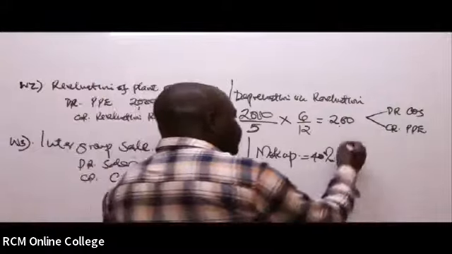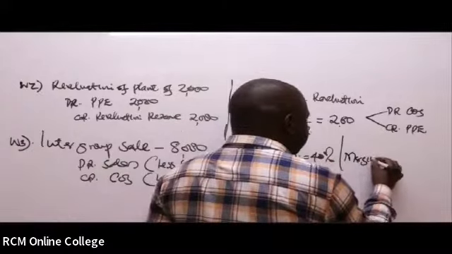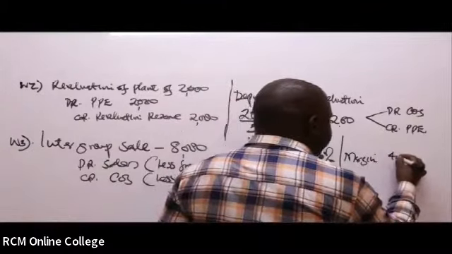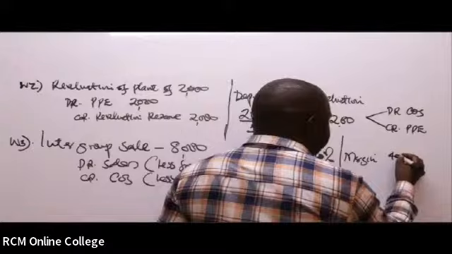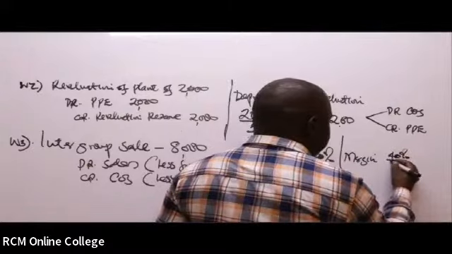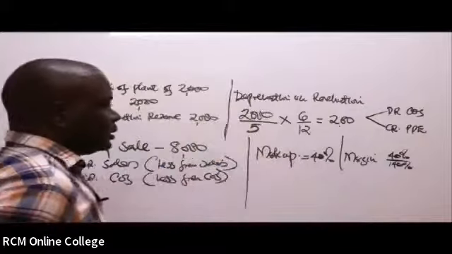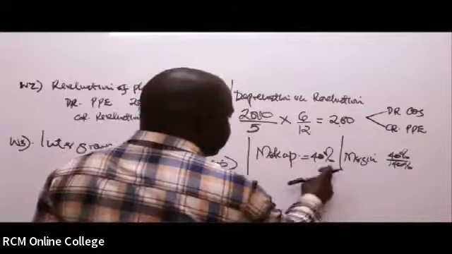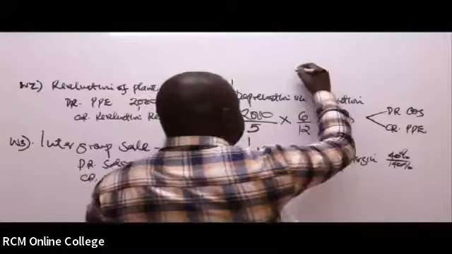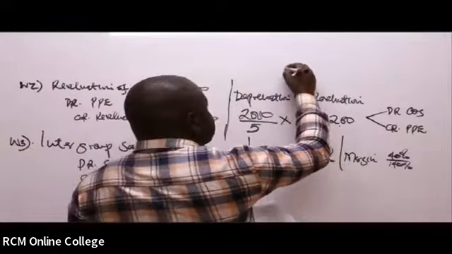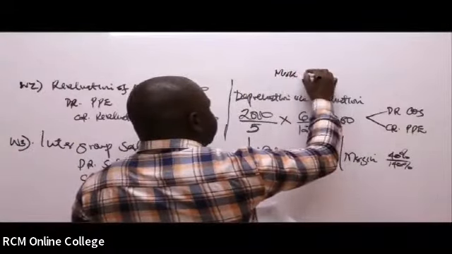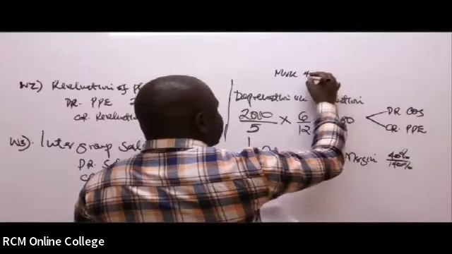So the margin will be 40% over 140%, because this one is over 100. Hope you can see here: if the markup is 40, it means this one is 40 over 100.